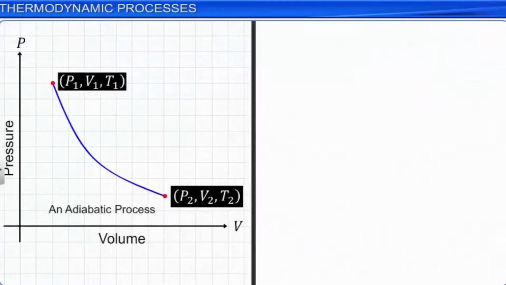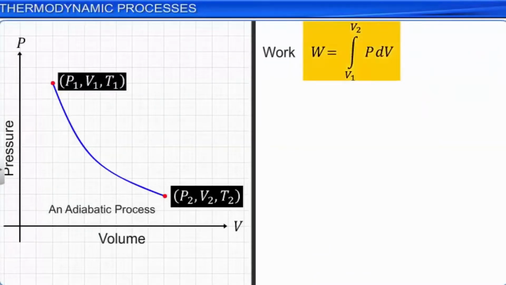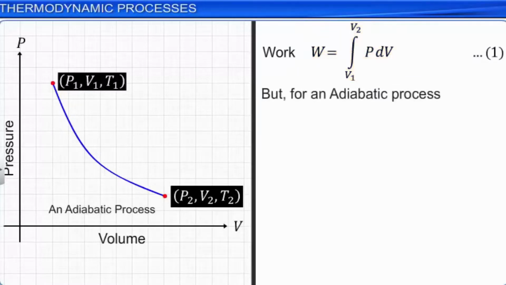Let this be equation 1. But for an adiabatic process, PV to the power of gamma is a constant. Let the constant be K. This can also be written as P is equal to K divided by V to the power of gamma. Let this be equation 2.